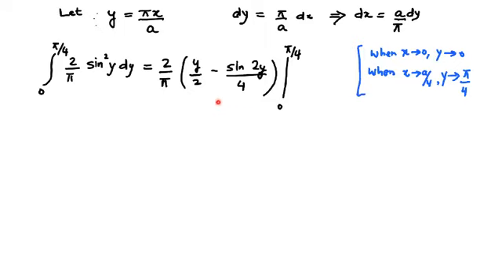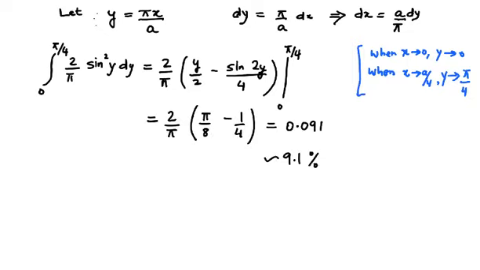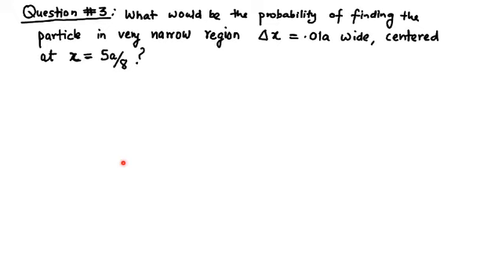After solving the integral, we get this value, but here I have this symbol that shows that I have not yet applied the limits. So once I apply the limit, I get this value which comes out to be 0.091 or equivalent to 9.1%. So hence the probability of finding the particle somewhere in the region between 0 and a by 4 is around 9.1% in ground state.